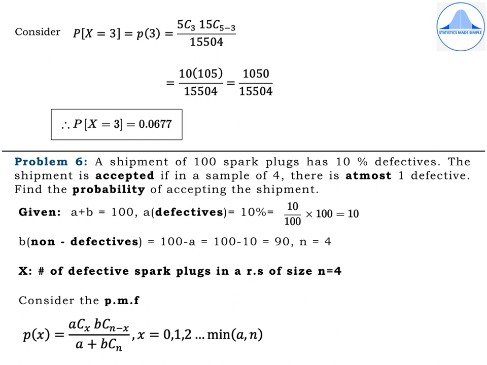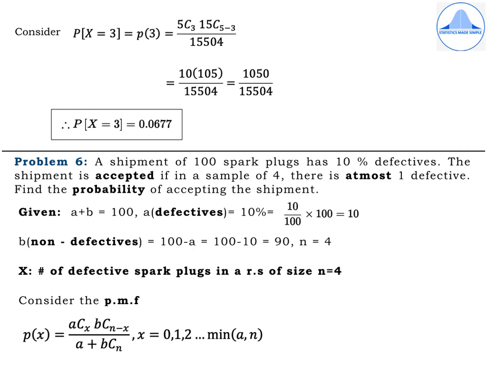So now let's understand what exactly is given to us in the problem. You have a shipment, and that shipment has 100 spark plugs, and these plugs can be either defective or non-defective. They've also mentioned that the shipment is accepted if in a sample of 4 there is at most 1 defective.